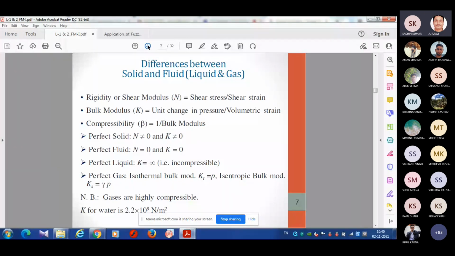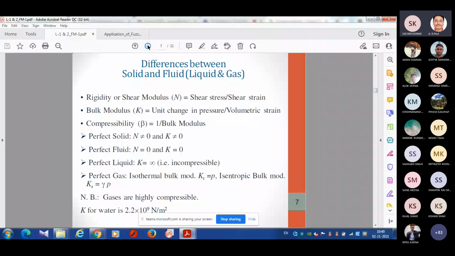Then we'll evaluate some ideal thing, because some standards should be maintained. So the standard for solid is the perfect solid. What is considered a perfect solid? If the bulk modulus value and rigidity value are non-zero, this is called a perfect solid.